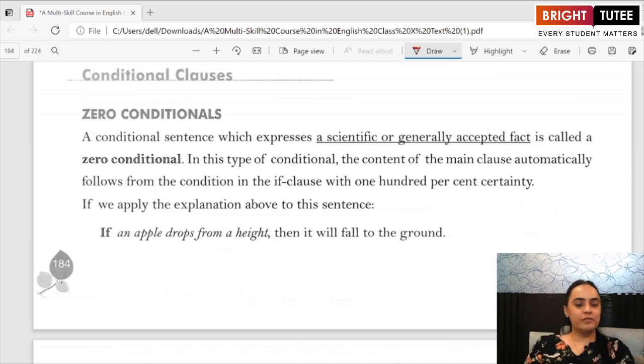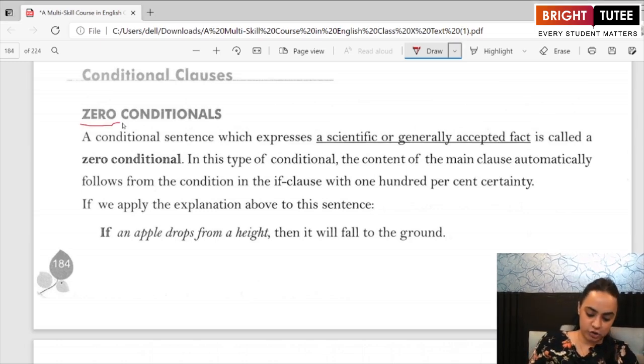In this lecture, we are going to begin with the next topic that we have, which is conditional clauses. We've done noun clauses, adjective clauses, and adverb clauses, and now we are going to learn about the conditional clauses. The first conditional clause that we shall learn about is the zero conditionals.